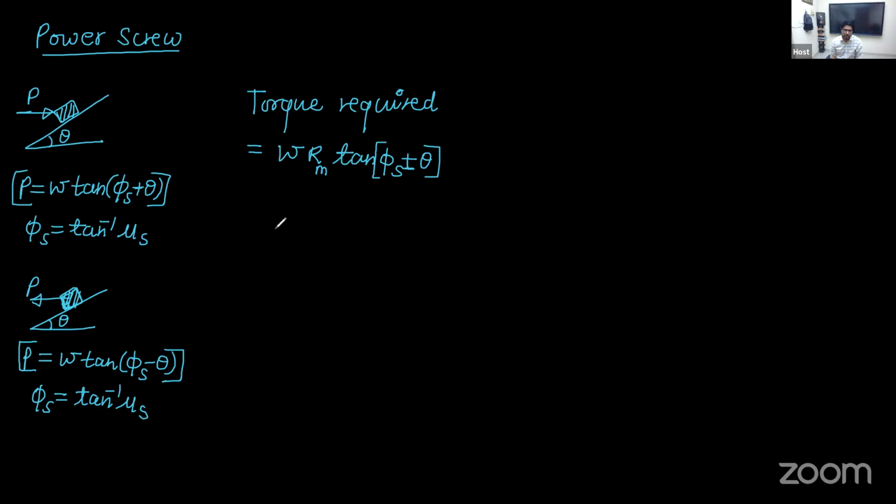Now, if you are applying the force at some other length, then your torque applied must be equal to the torque required. Plus sign will be applicable for raising the load and minus sign will be applicable for lowering the load.